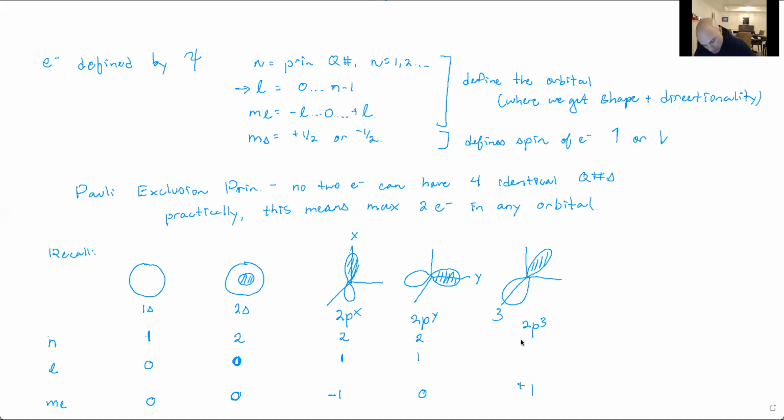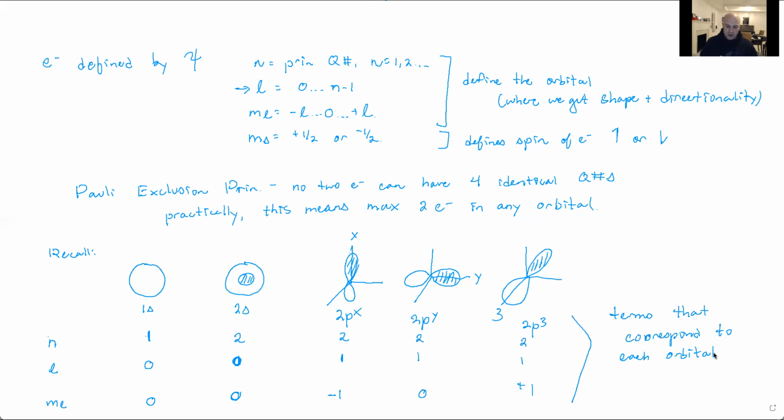And these are the terms that correspond to each orbital. Okay, and we can then, with m sub s, introduce up to 2 electrons into any single orbital.